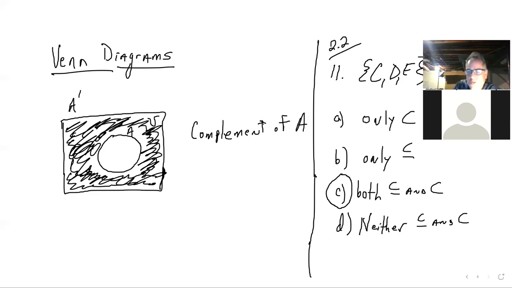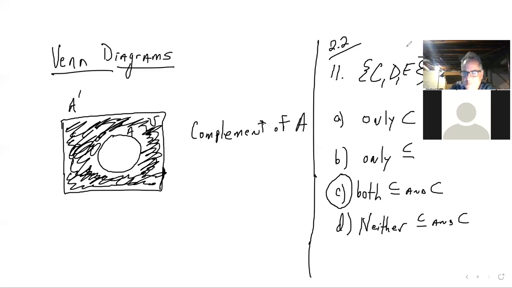I can use both. It matches up with both definitions. It's a subset because all of these are in here, and it's a proper subset because this one has something this does not have. A set cannot be a proper subset of itself, ever.